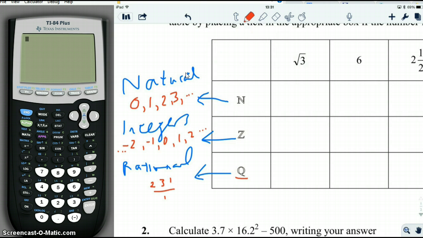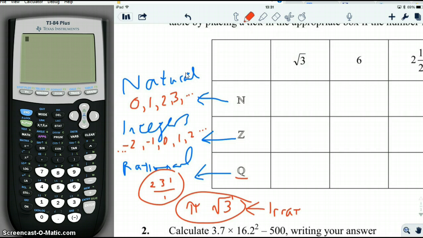You just put a 1 on the bottom. So even a whole number is a rational number. The only thing that's not a rational number is a number that can't be expressed as a fraction, which would be something irrational, like pi or square root of anything that's not a perfect square. So these numbers are irrational.